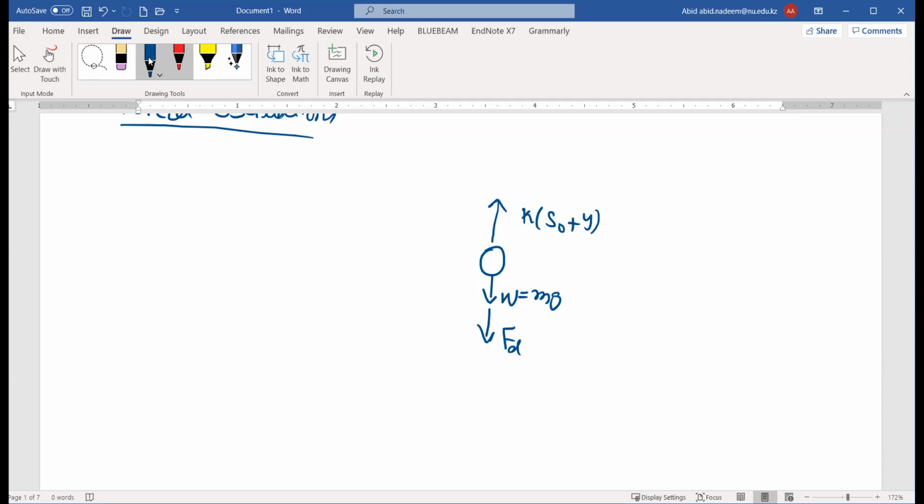So these are the forces acting. And then there is the damping force, which will be C times Y prime. So this is the system in motion.